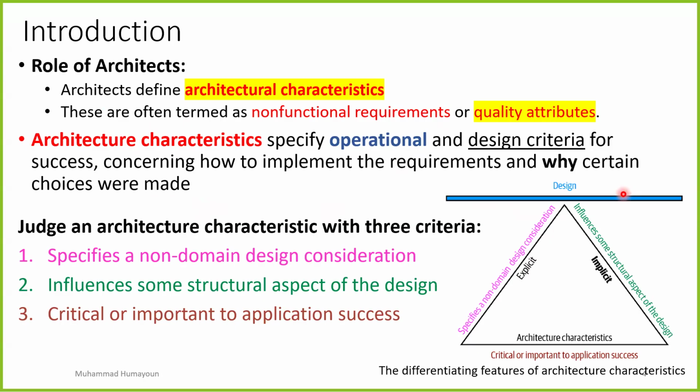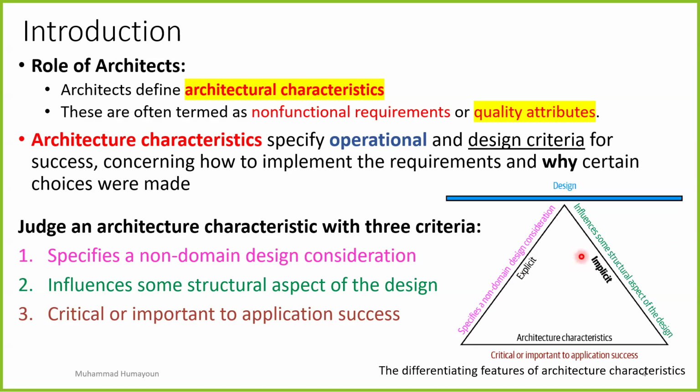The first thing is you have to specify a non-domain design consideration. The second thing is that you should have things like the structural aspects of your design, so you have to consider them.